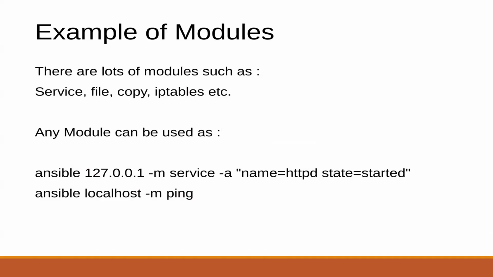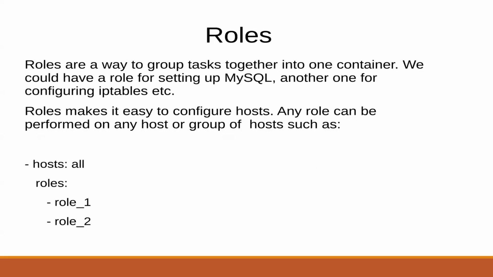Okay, examples of modules. There are lots of modules such as the service module, file module, copy module, iptables module, yum module, etc. Any module can be used like this: ansible 127.0.0.1 -m service -a name=httpd state=started, or ansible localhost -m ping. These are the commands. Roles are a way of grouping tasks together into one container.